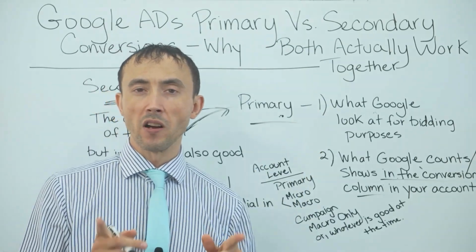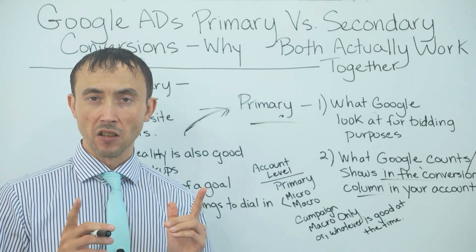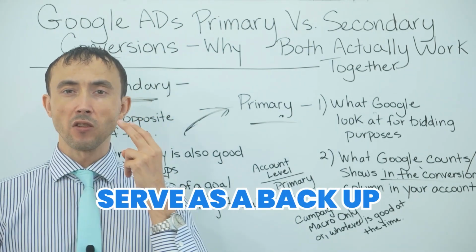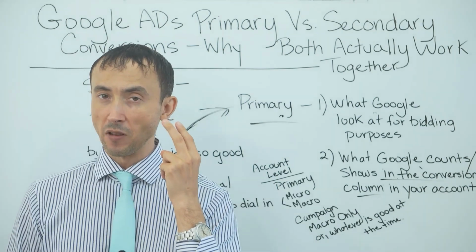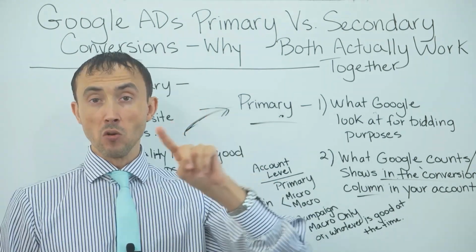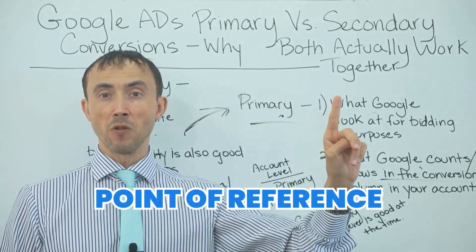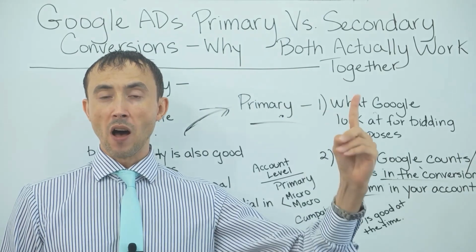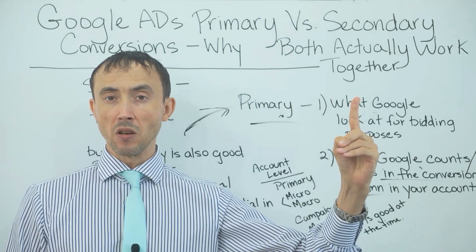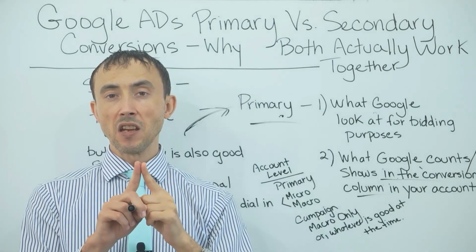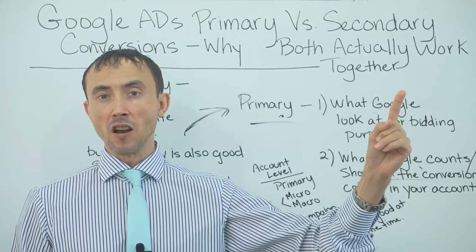But that is where a secondary goal has, I want to say, the most use, okay? To serve as a backup, and it serves as a backup and a benefit to you in 2 ways, technically. One of which is use it as a point of reference to see if your main goal that tracks the same thing is still working. The second way is, well, if that main goal that you were using for years to steer your campaign suddenly stops working, you immediately have another goal that you can then turn on as your primary.